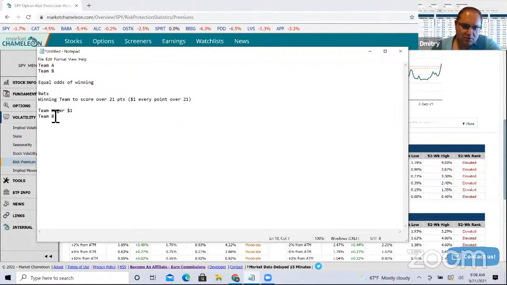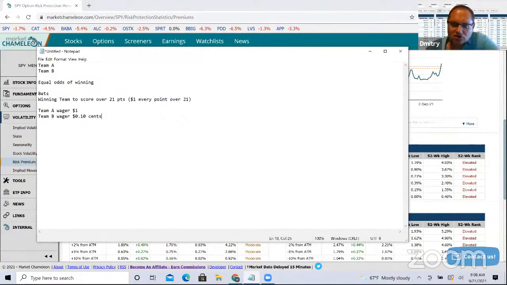so this is team A, right? That's the cost of the wager. For team B, the wager is 10 cents. In other words, maybe you believe it could be team A or team B, either one could win, and either one has equal odds of winning. Maybe in your mind, there are equal odds of them scoring above 21.